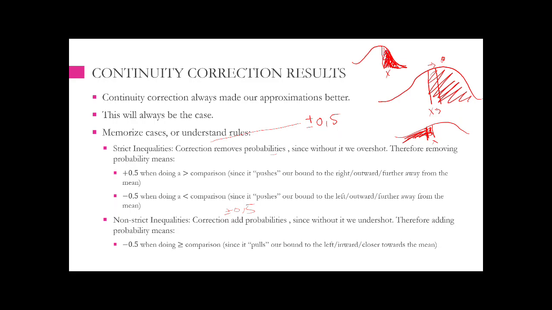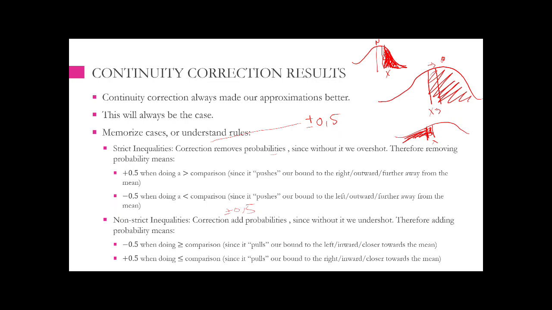Essentially, when your bound is on the right-hand side of your mean, there's mu, adding probability means moving your bound closer to the mean. So that's why you subtract 0.5 when you're doing a greater than or equal to comparison, and the opposite for the plus 0.5.